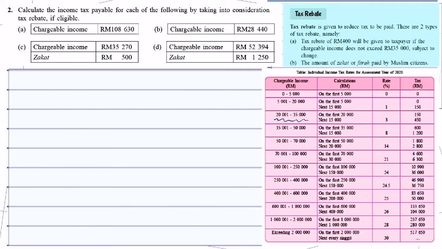Okay, so first we must find the tax on the first 20,000. We know the first 20,000, you refer to here. So what is the tax? 150 ringgit.